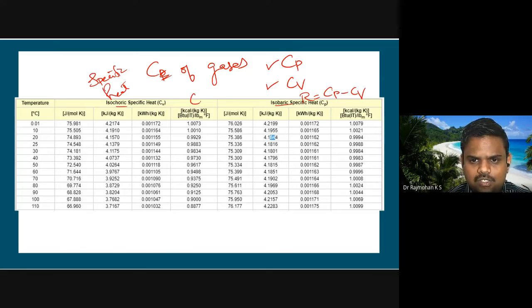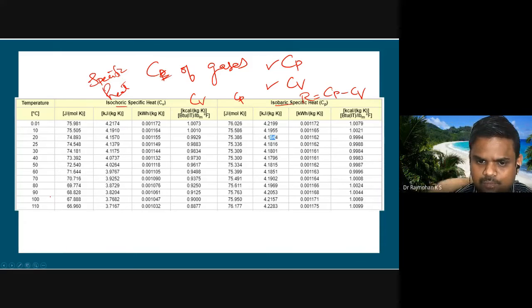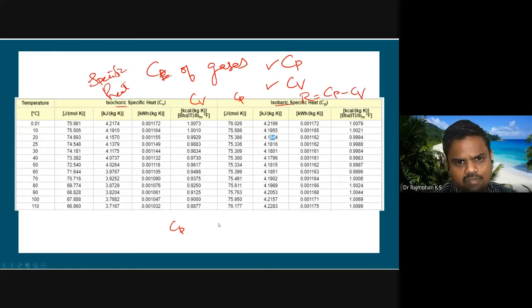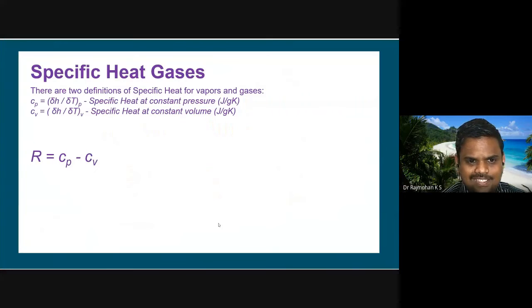So either we will have Cv data or Cp data, and it is a function of temperature at low pressures. Even though Cp is a function of pressure and temperature, at low pressures Cp is only a function of temperature.